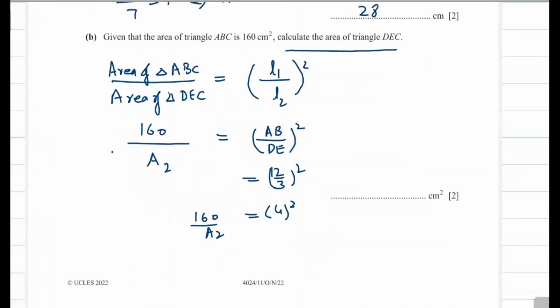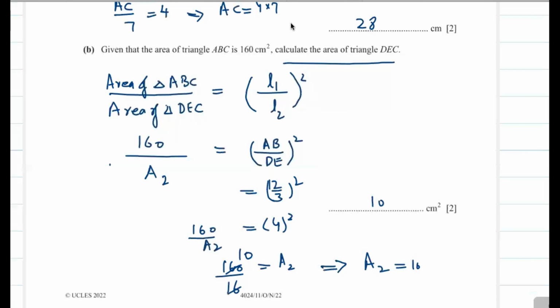That can be written as A2 will be equal to 160 over 4 square. 4 square is 16. The value from right to left, it will divide the 160. Now you get the answer is 10. A2 will be equal to 10 centimeter square, which is the area of the triangle DEC.